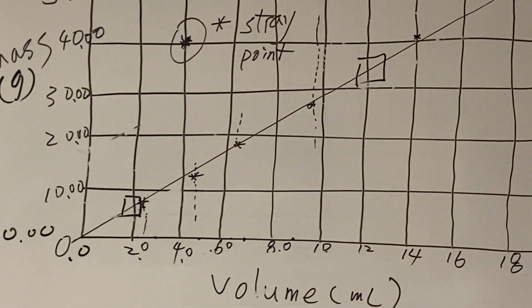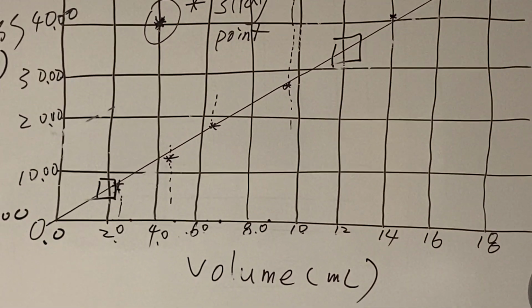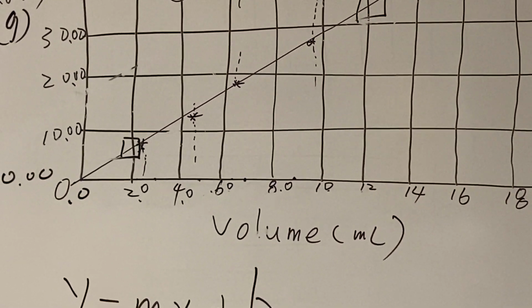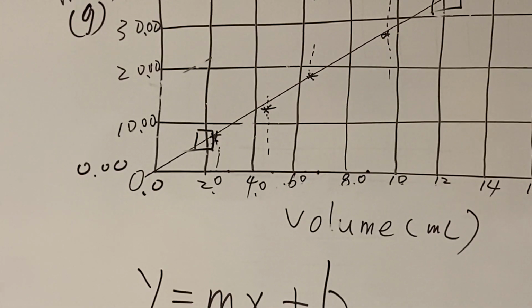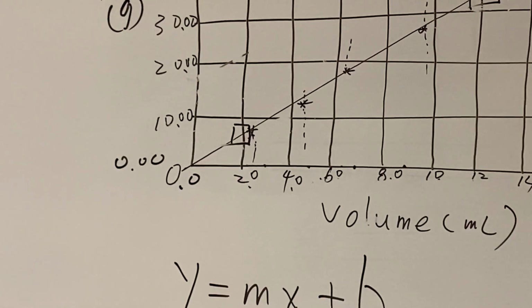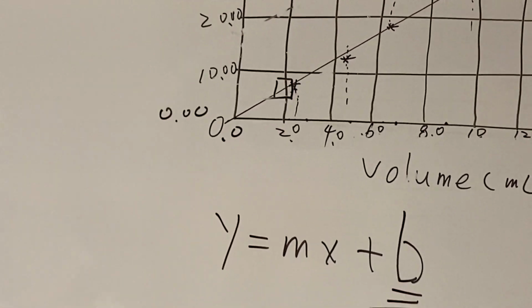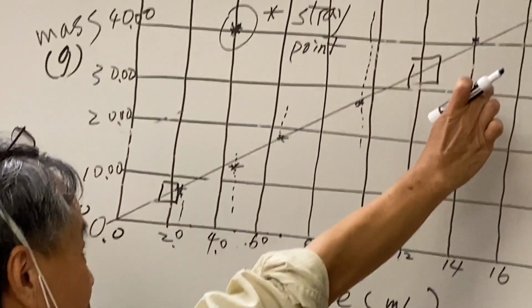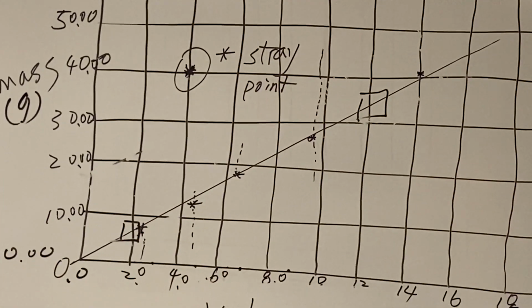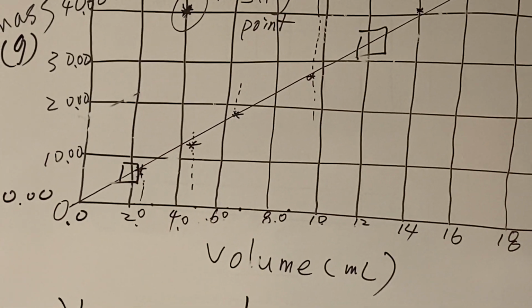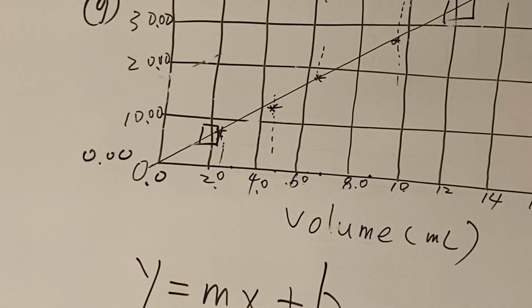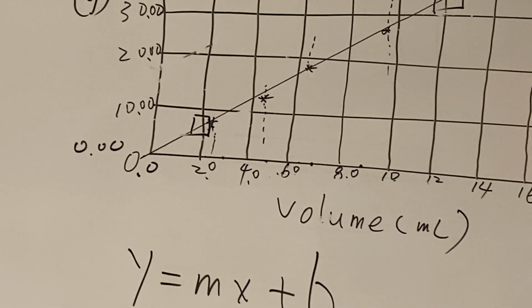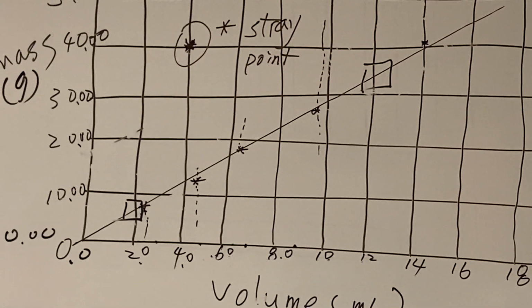But why 12 and then 2.0? Well, it's easier for us to process, number one, because they're whole numbers. Number 2, they're far apart from each other, which your page 19 tells you is how you should pick your 2 data points from the graph in order to avoid bias.